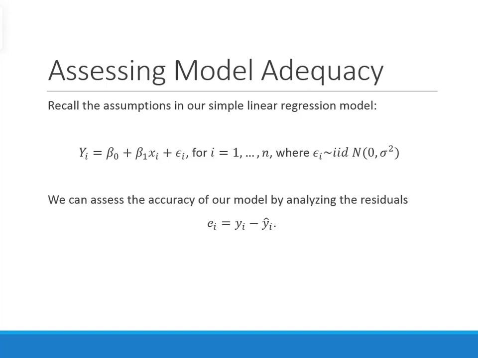The main assumptions that we make in this model in this chapter are, again, first, that the relationship between x and y is linear. That's our first assumption. And the second one is that the error term follows a normal distribution.